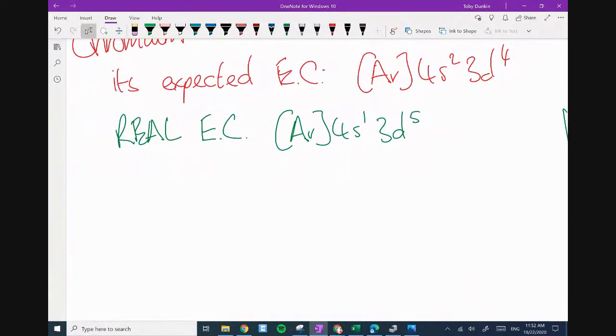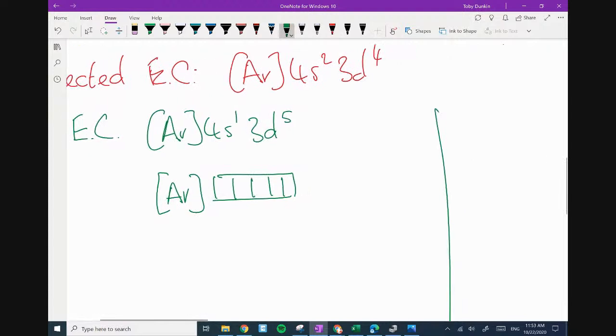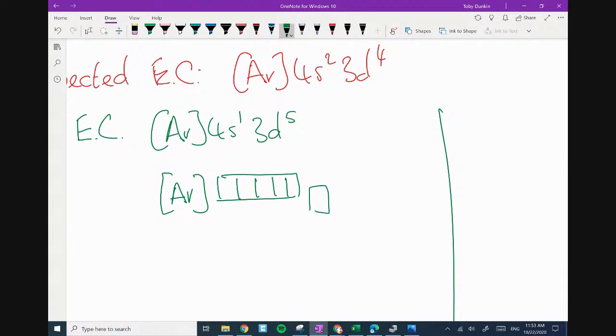So the real EC is 4s1. I'm actually going to draw this as a box diagram as well. Here's the 4s1, and here's the 3d. I'm now going to fill this in red.